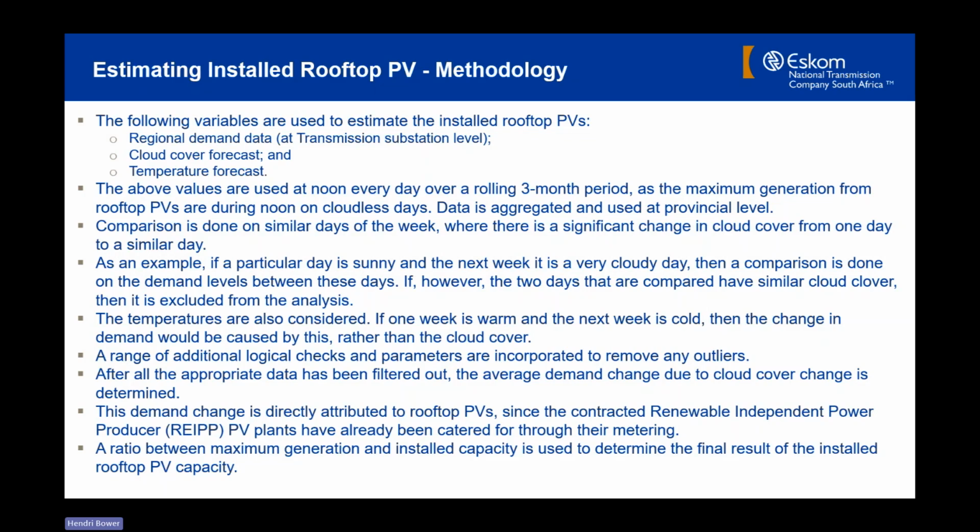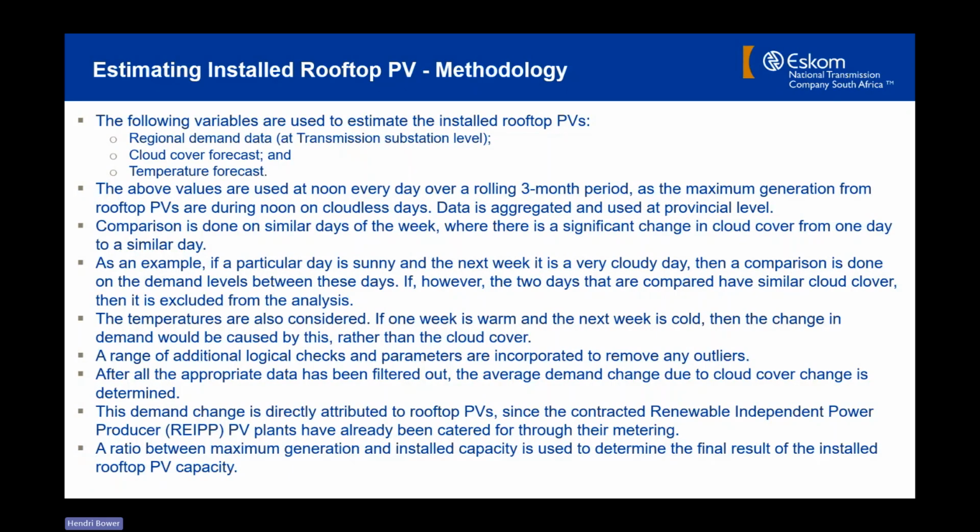And then I also look at, within these similar days, in other words, Tuesdays, Wednesdays, etc., where is there a significant change in cloud cover? As an example, if a particular day is sunny, and then the very next week on the same weekday it's a very cloudy day, that gives you quite a good understanding of what's happening between these 2 days with different levels of cloud cover.